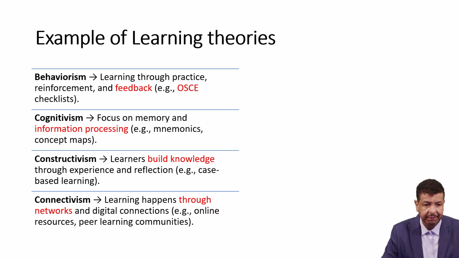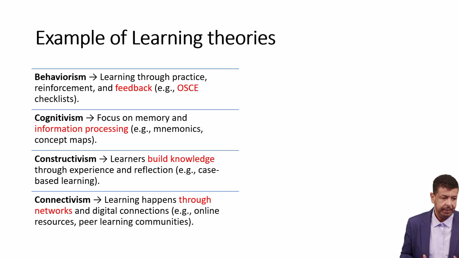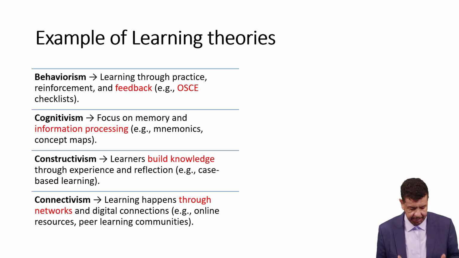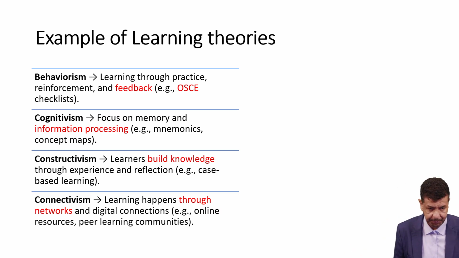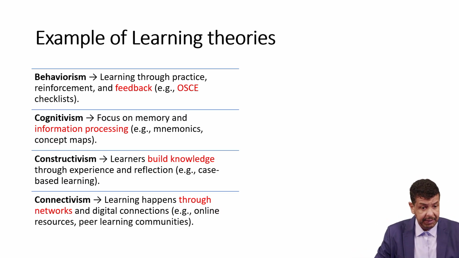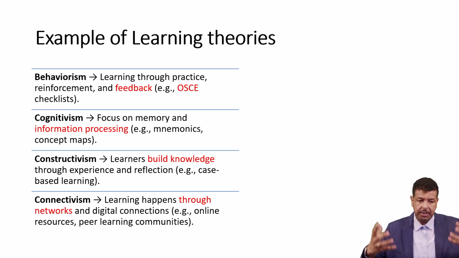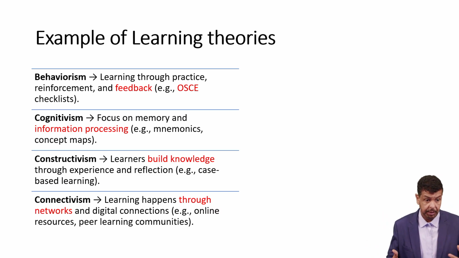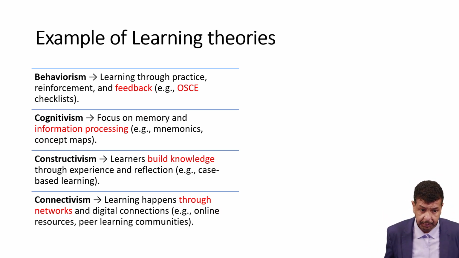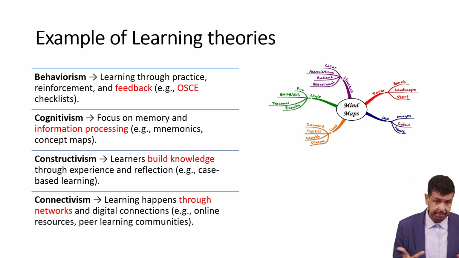Basically, behaviorism is based on the principle that learning is formed through feedback, like having an exam in OSCE and having feedback after the exams. This is behaviorism. Connectivism is focusing on the memory and information process, such as using the concept map, mnemonics, and so on, or mind map.